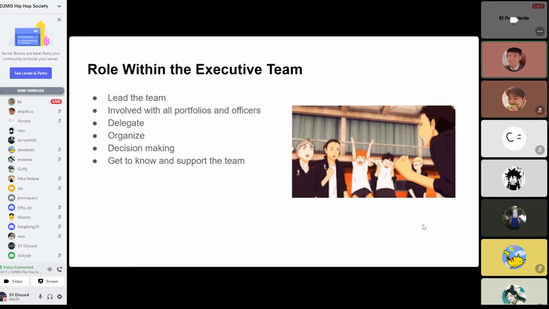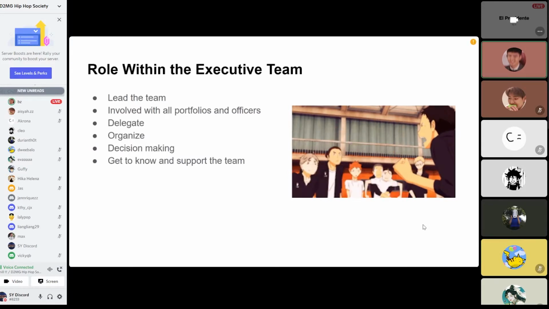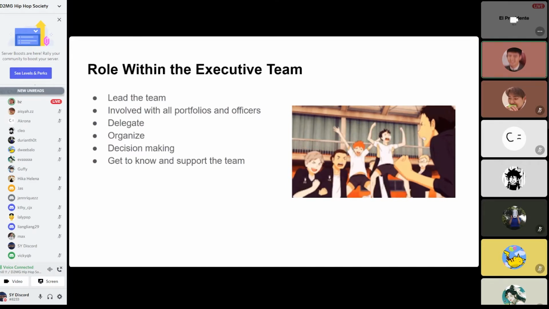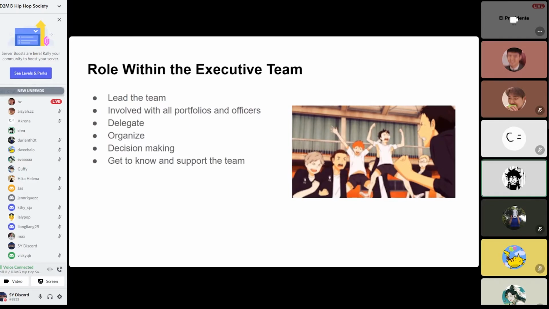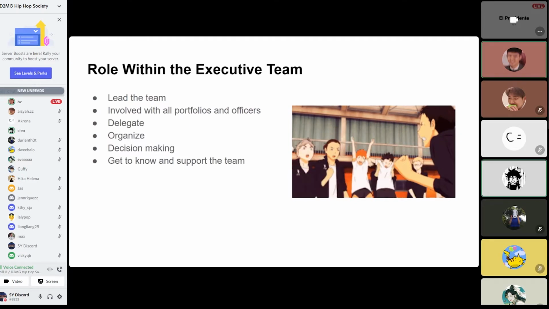So the role of the president within the executive team. First of all, I guess the most obvious thing is you lead the team. Leading the team, you also have to know a bit about each portfolio and each role. You're involved with all the portfolios, all of the officers, and you have to delegate tasks to them.